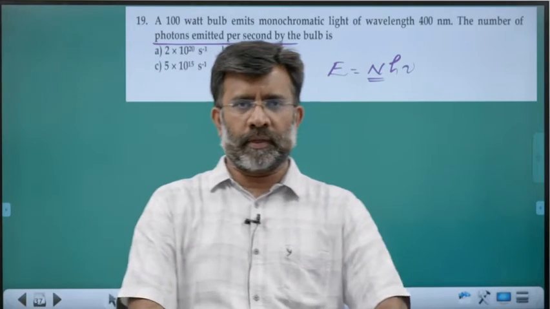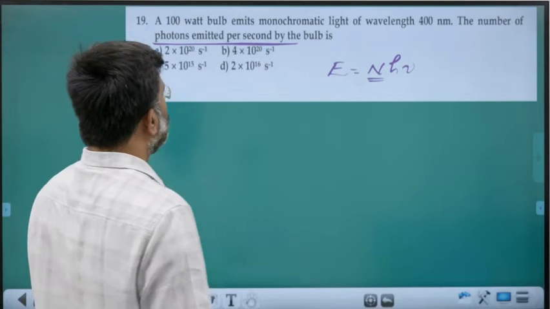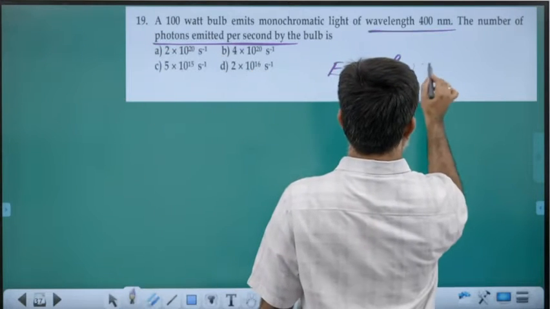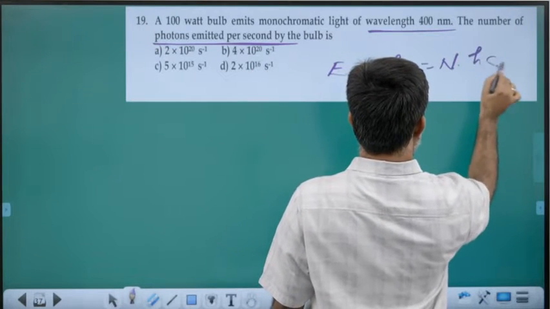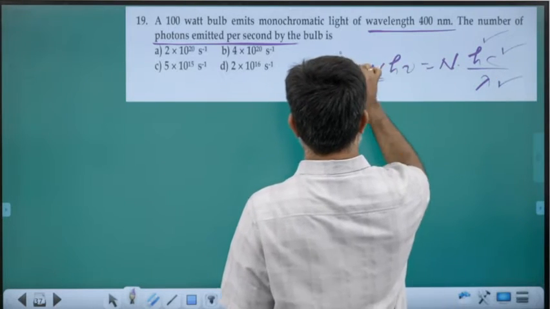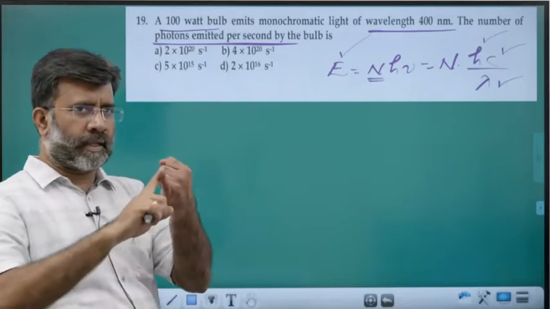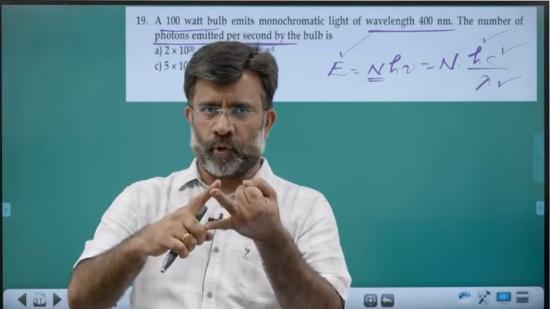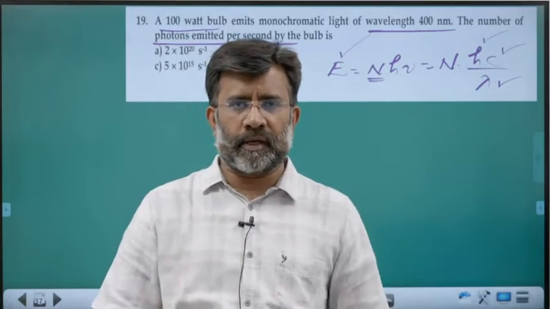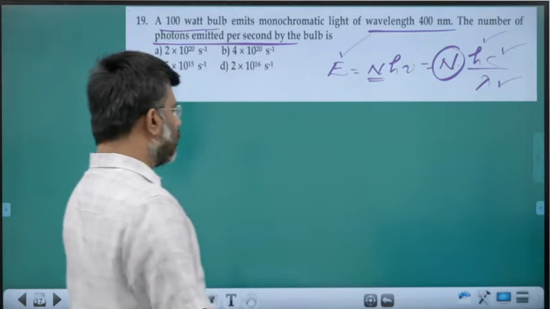Here the wavelength is given, so it is n into hc by lambda. The energy is available from the 100-watt bulb, hc you know, lambda is given. Find out the number of photons.